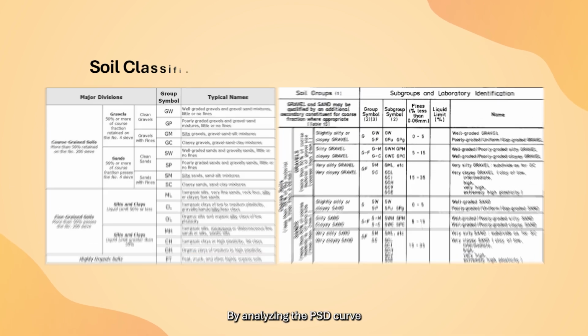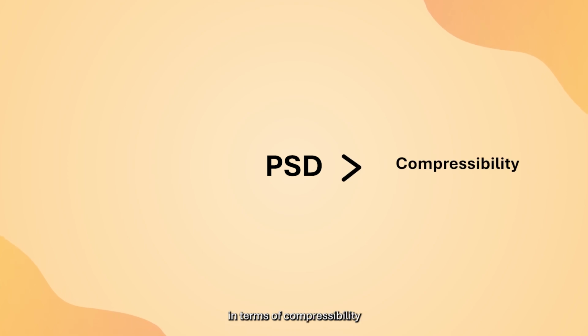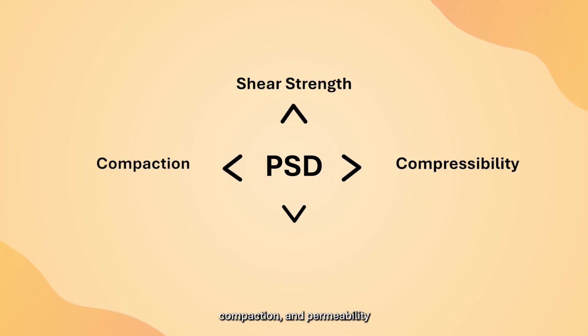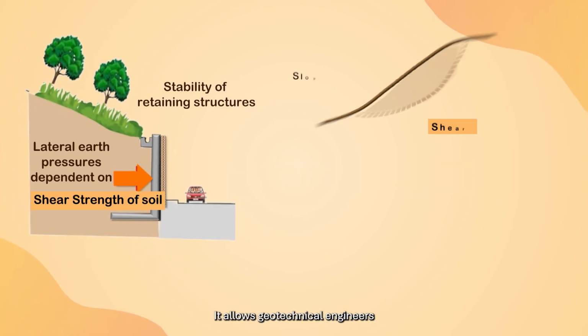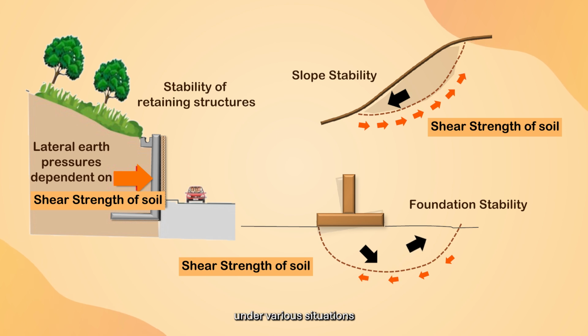By analyzing the PSD curve, we gain valuable insights into the soil's composition and its behavior in terms of compressibility, shear strength, compaction, and permeability. It allows geotechnical engineers and engineering geologists to predict the soil behavior under various situations, such as in excavation and foundation design, and in slope stability analysis.